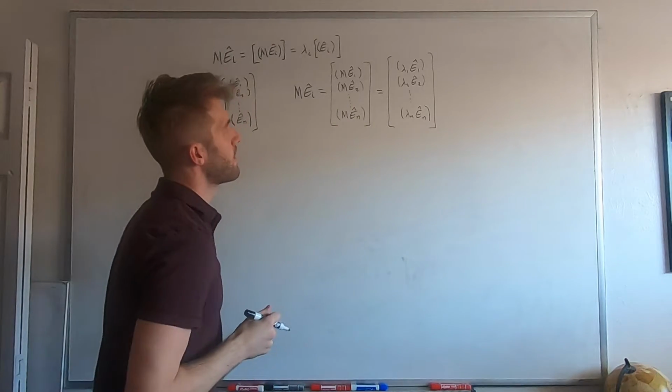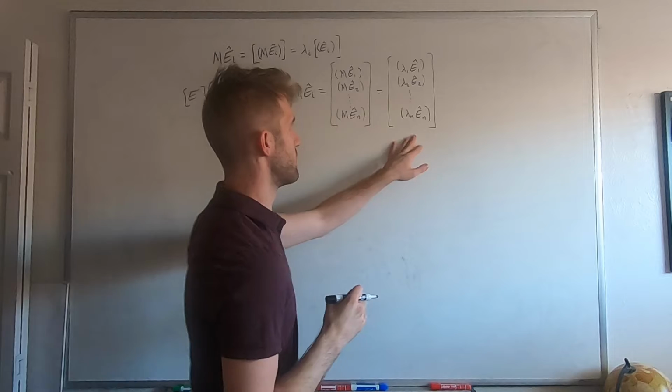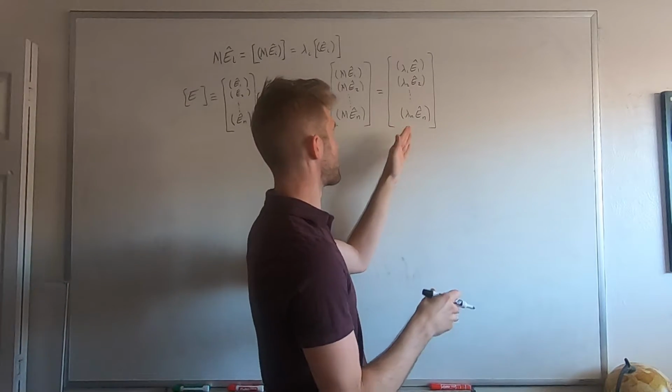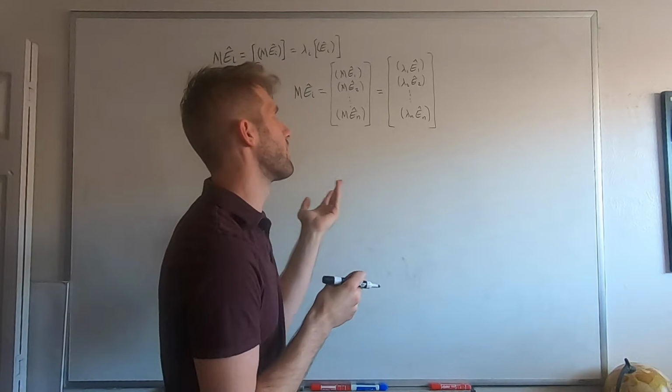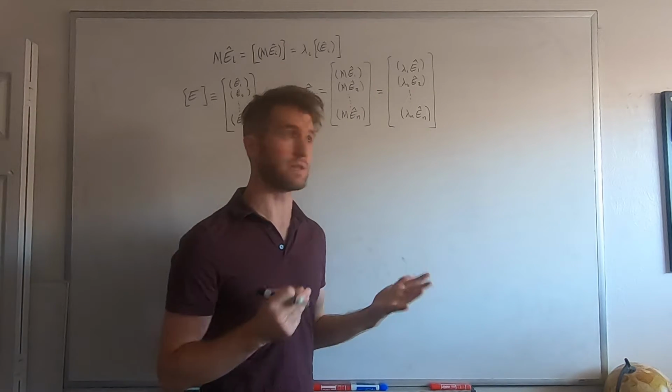Okay, so now that we have defined our matrix in this way, what we can do with this right-hand side is effectively extract, or rather factor out all of these eigenvalues as a diagonal matrix.